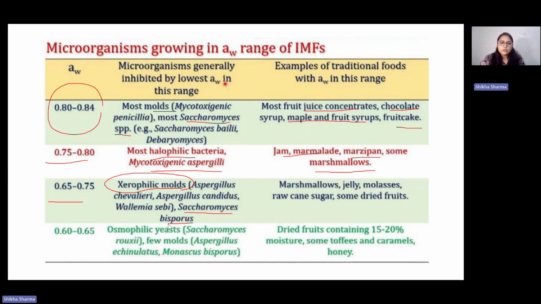Saccharomyces bisporus can also grow, like the Aspergillus species can also grow. So it includes marshmallows, jellies, molasses, raw cane sugars, and some dried fruits.